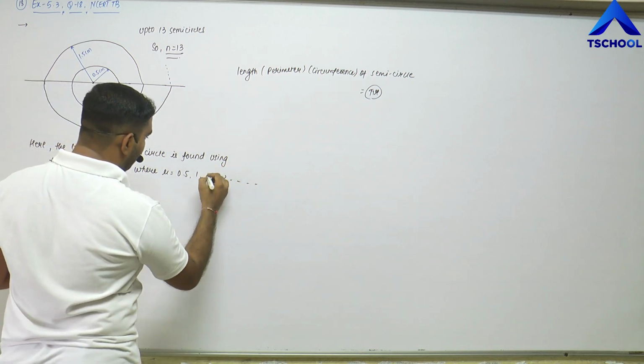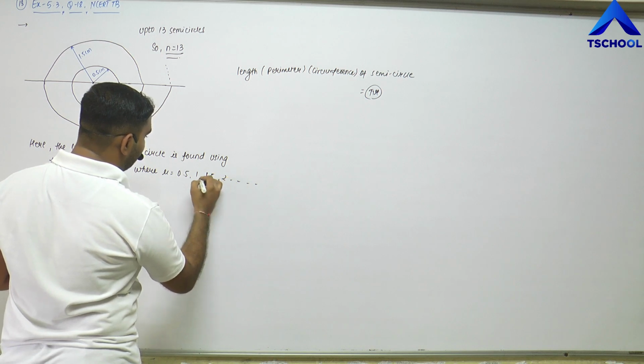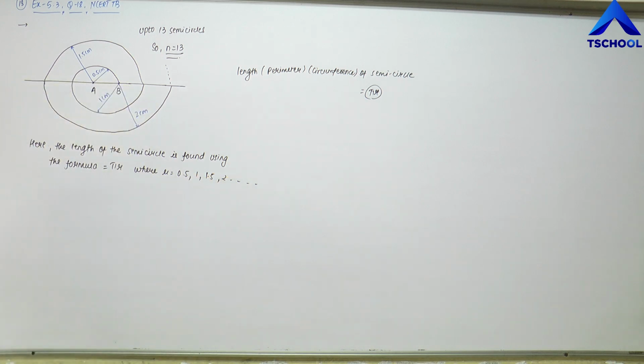So these are all the radii of the semicircles that we have drawn here.